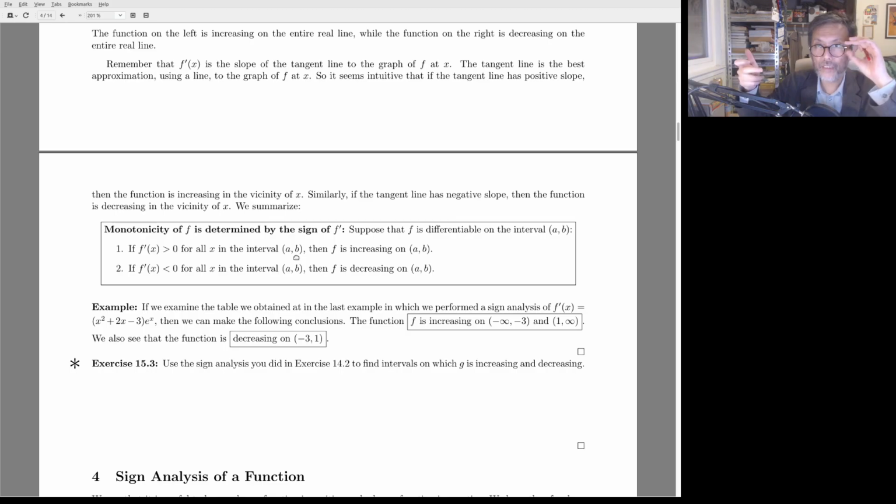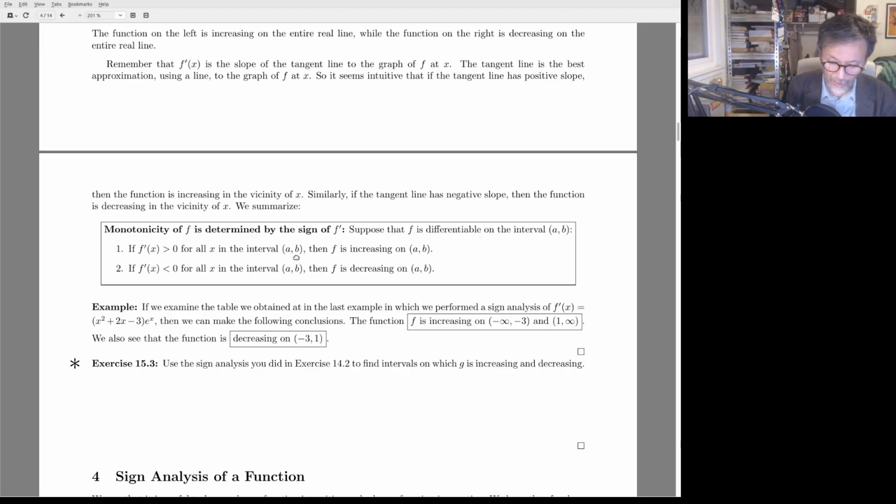Don't get it twisted, okay? The sign of f prime tells you about the increasingness/decreasingness, namely the monotonicity of f. The monotonicity of a function is determined by the sign of its derivative.